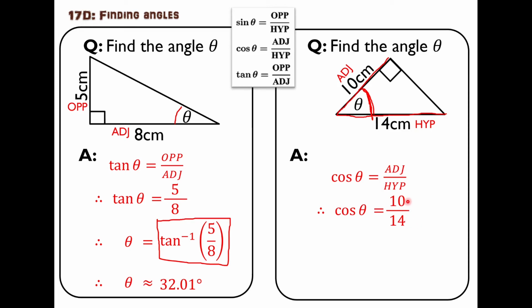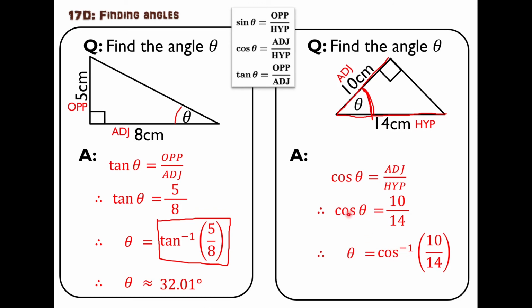Now, do you notice I have cosine of theta? The cosine will go to the other side and turn into inverse cosine. It'll turn into cosine -1. On this side, the cosine will disappear and turn into the opposite, cosine -1, inverse cosine, on the other side.